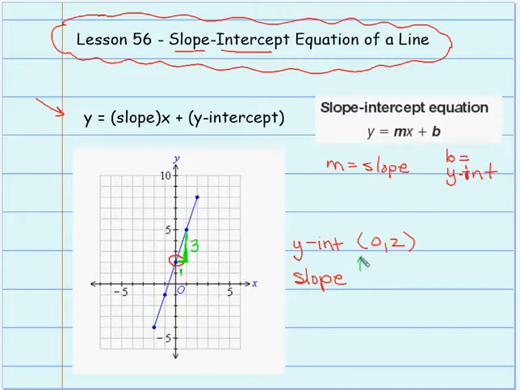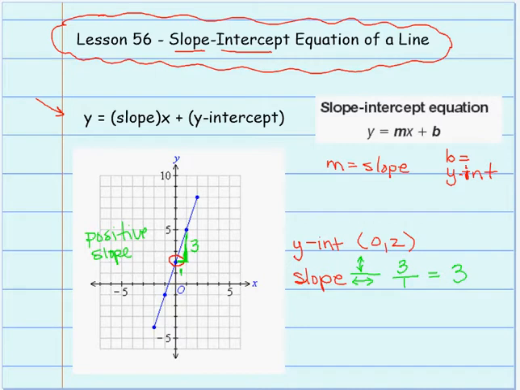So it's a fraction that is the up and down over the left and right. Okay, and just looking at this line, you know that the slope needs to be positive because the line goes up. Okay, so that means that our slope is 3 over 1, or just 3.